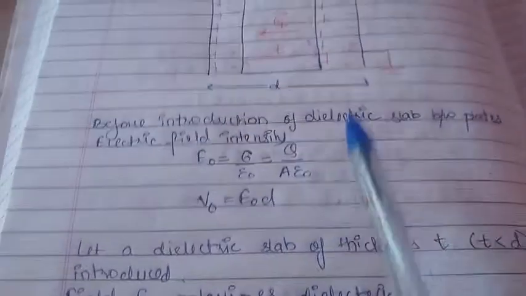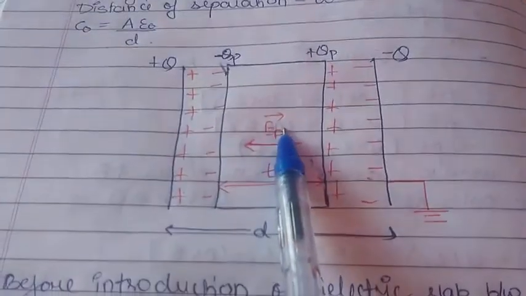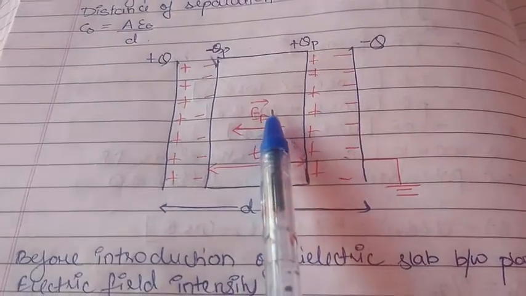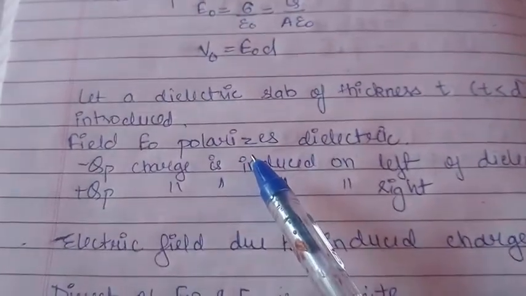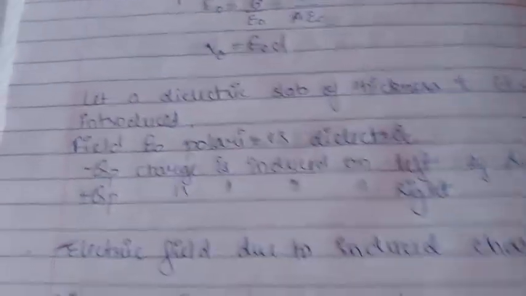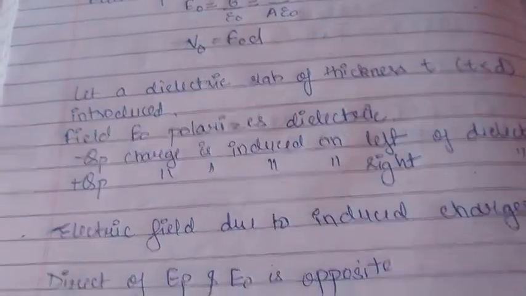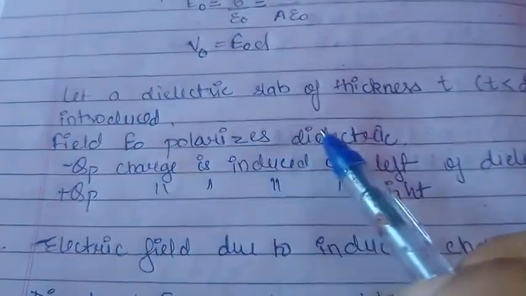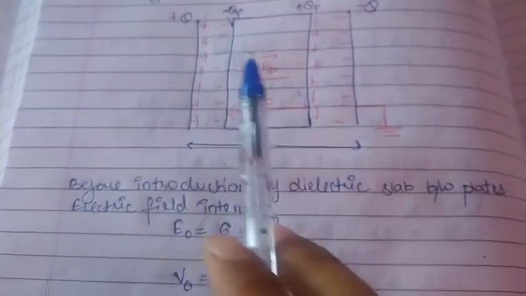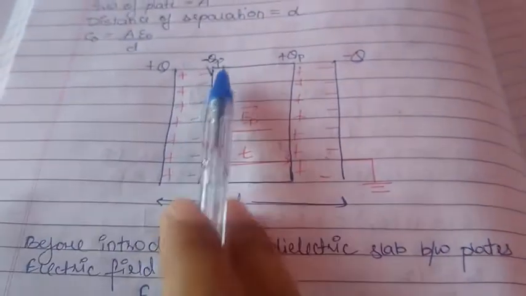Now consider that we are introducing a dielectric in between these parallel plates. The thickness of the dielectric is small t. So now as we have introduced the dielectric inside that capacitor, the field which was present earlier, that is E naught, also polarizes the dielectric. So due to that field, you can see these charges.